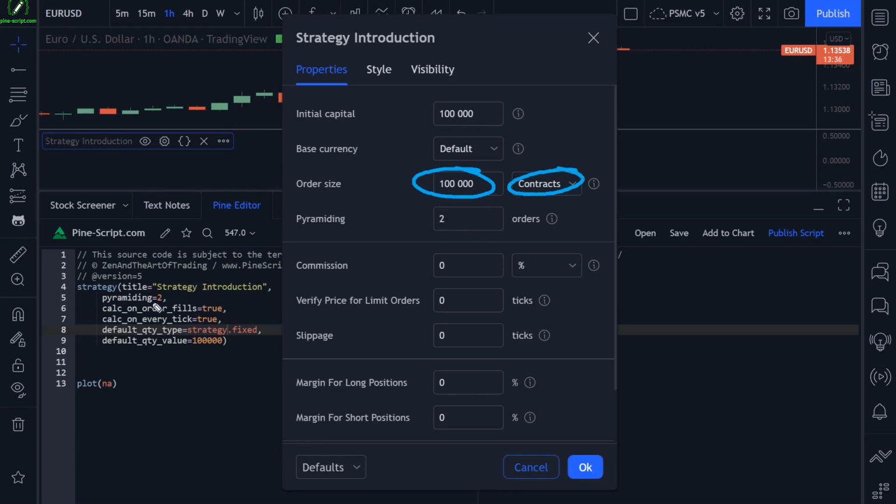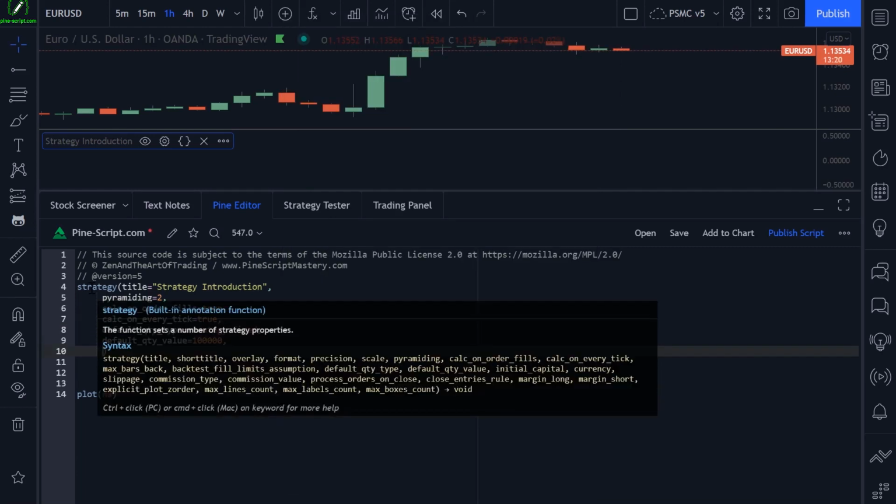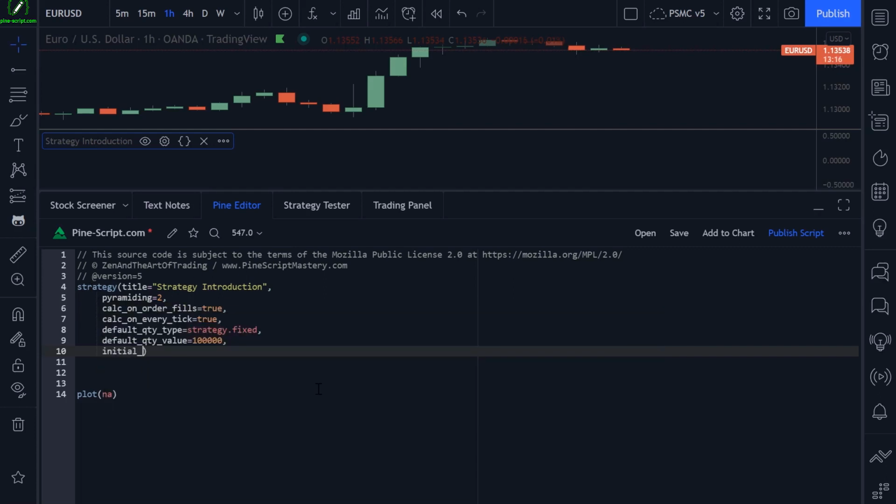Notice that we have pyramiding set to 2 orders. We have our default quantity of contracts set to 100,000, and our strategy quantity type is set to contracts or fixed.